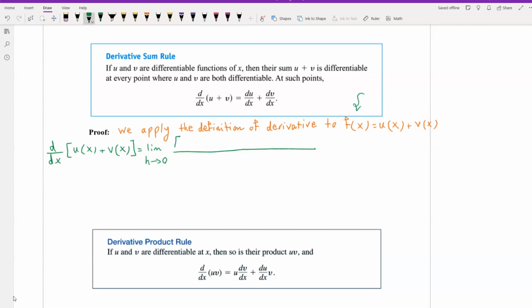So first, here we have f of x plus h, so it's u of x plus h plus v of x plus h, close this one, minus, now we have f of x, and that is based on what we have here, so it's u of x minus v of x, divided by h.